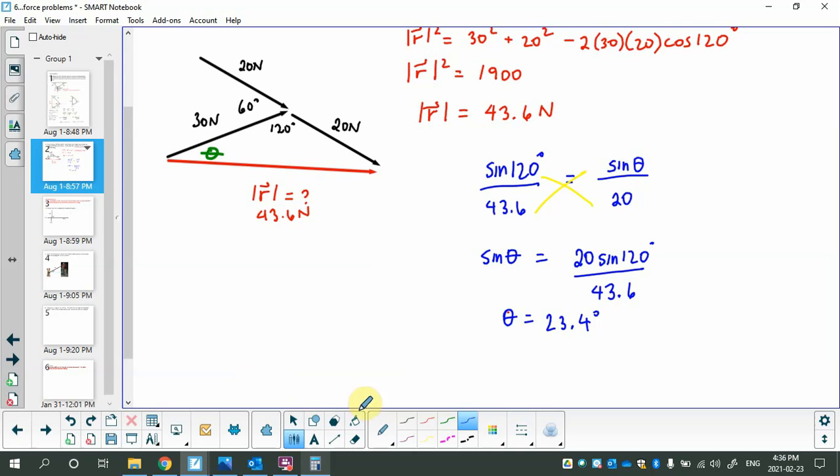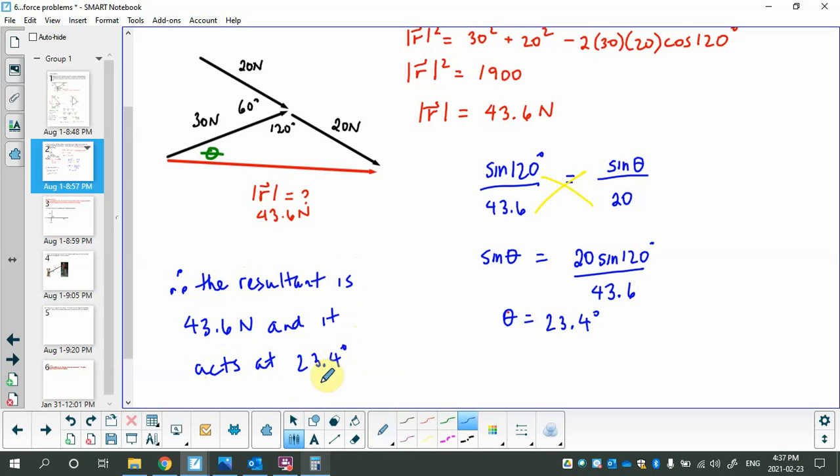So then I can write a therefore statement that says the resultant is 43.6 newtons, and it acts at 23.4 degrees to, in my case, because of the way I drew the picture, to the 30 Newton force.